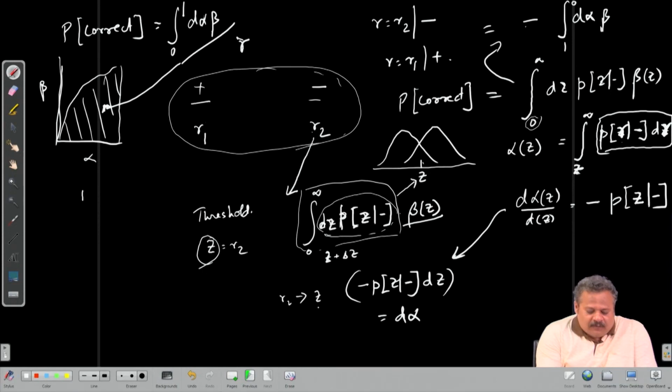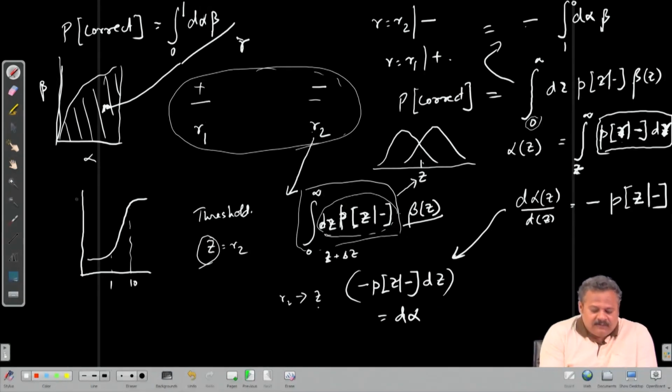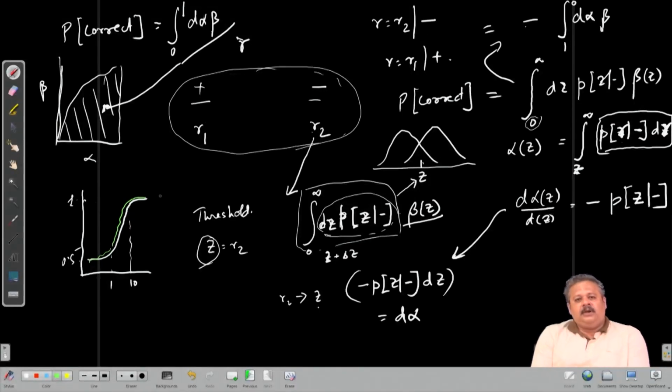So for the different coherences, if the monkey's performance was like this, where this is around 10% and this is around 1%, and this is 1 and this is 0.5, then based on the neurometric functions for the neurons, we get a similar sort of curve that matches with the performance.